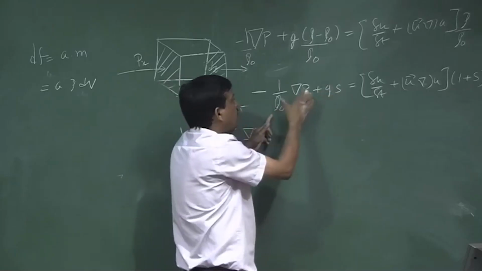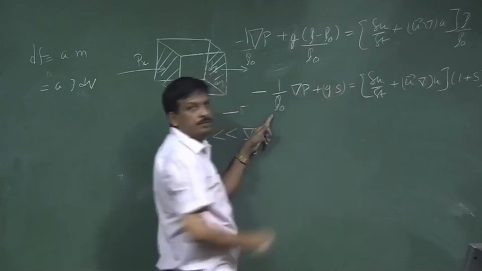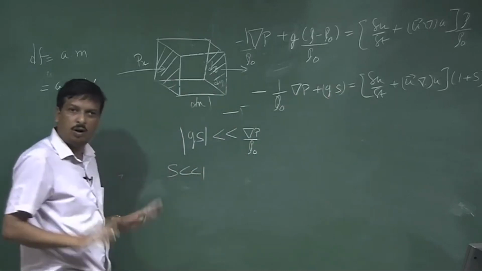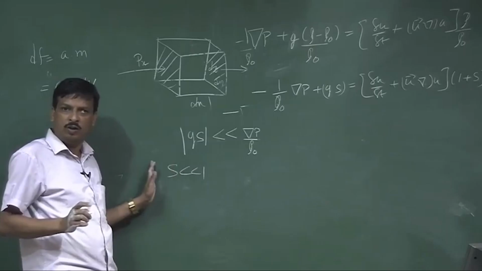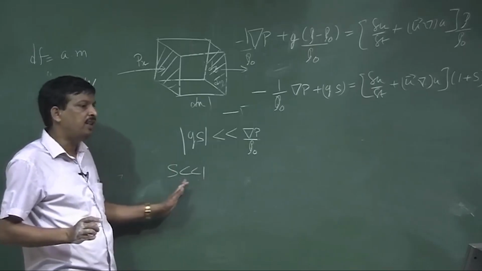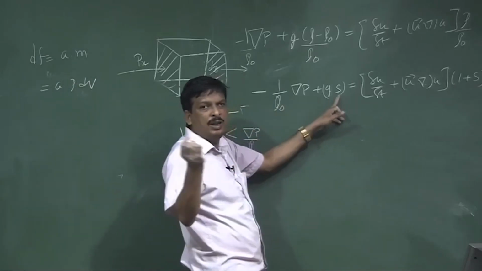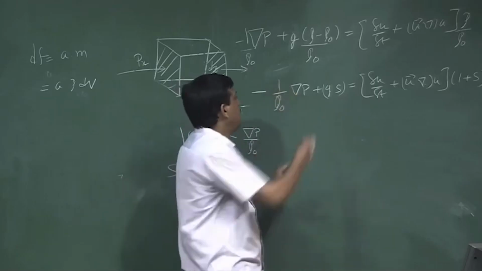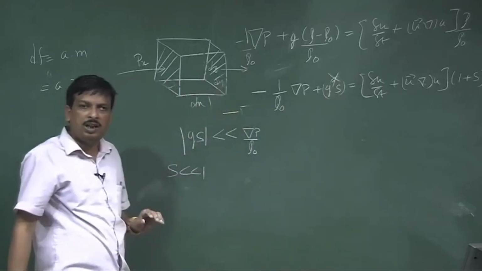GS is very small compared to this term. So, I can ignore GS, because S is always less than 1, being (ρ minus ρ0) divided by ρ0. If it is less than 1, then I can consider G into S a very weak term compared to this term. So, I can ignore this term.